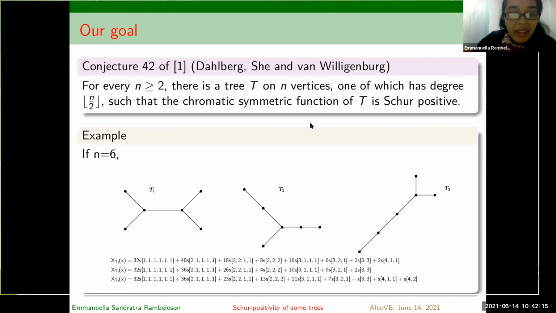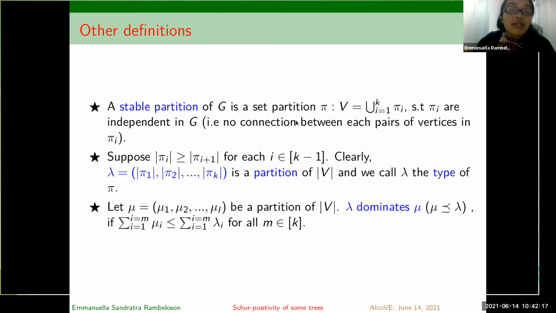But before that, I think we need to understand what a stable partition of a graph is, and also domination between partitions. A stable partition of a graph J is a set partition π of V. Remember, V is the set of vertices of J, and π_i are the blocks of the partition of V, such that the π_i are independent in J, which means that there is no edge of J in π_i.